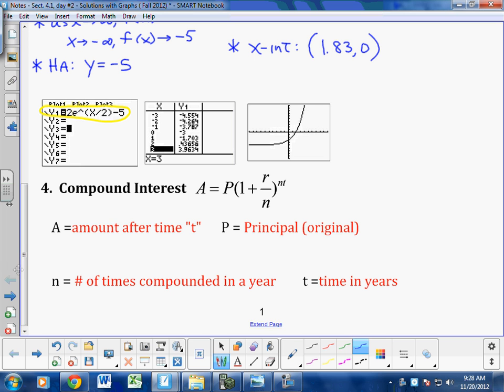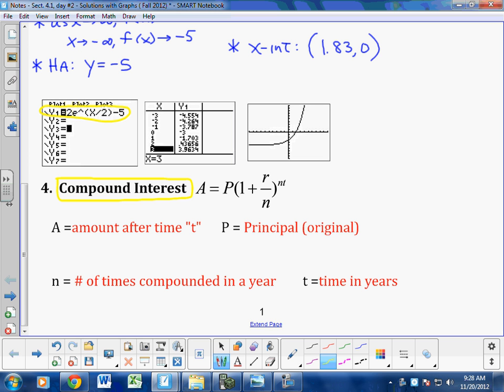Let's move on to real life. How is this pertaining to real life? Well, we're going to talk in this section about some interest, some banking, the number e. Okay? First formula, I'm going to have you guys put on a note card, because you're going to have to know it, is the formula for compound interest.